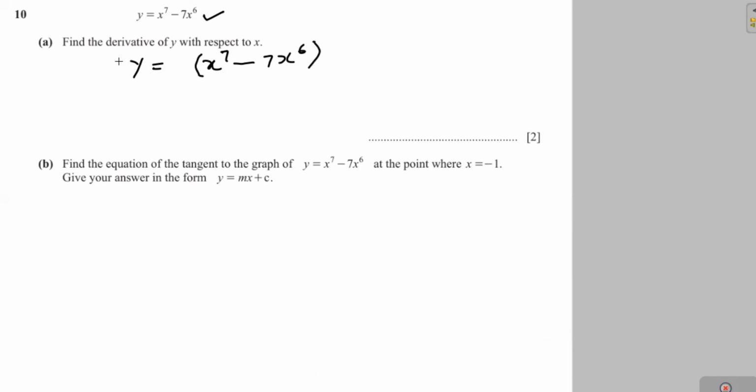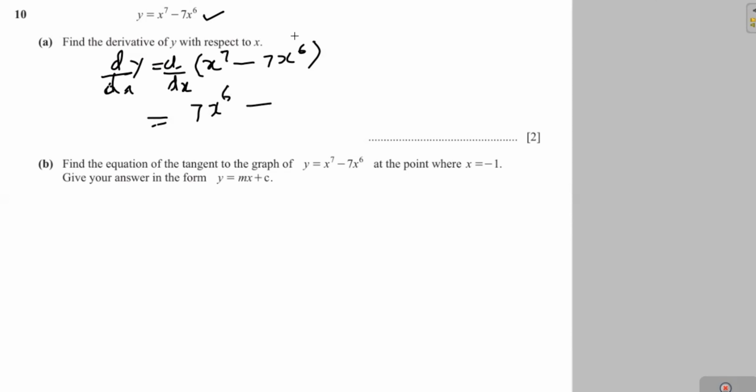Now we take the derivative on the left side d over dx and the right side d over dx. Now this value will be equal to the derivative of x power 7, it becomes 7 into x power 6.